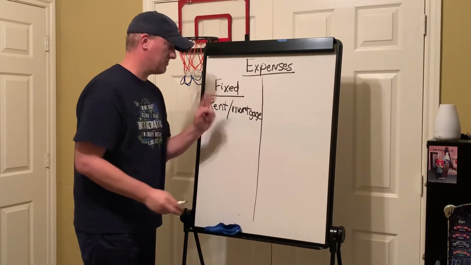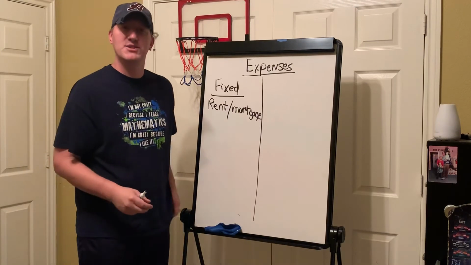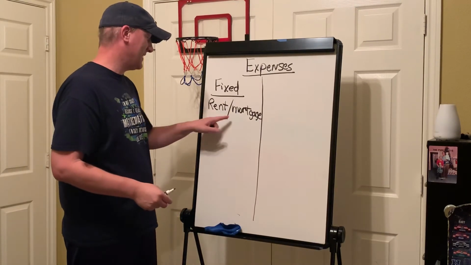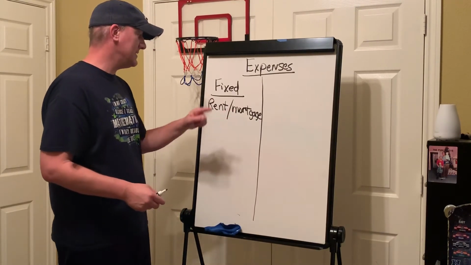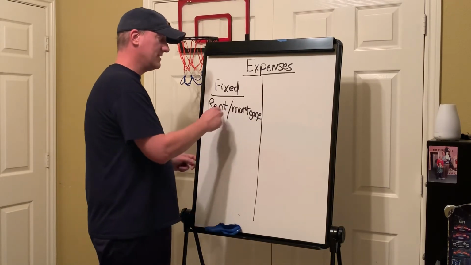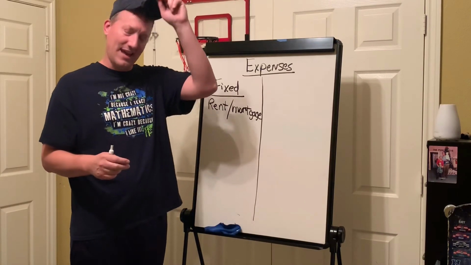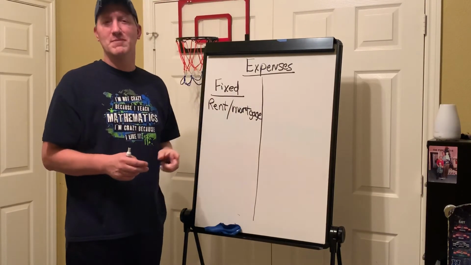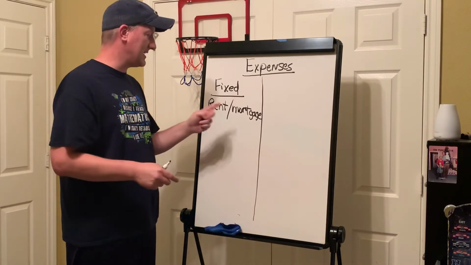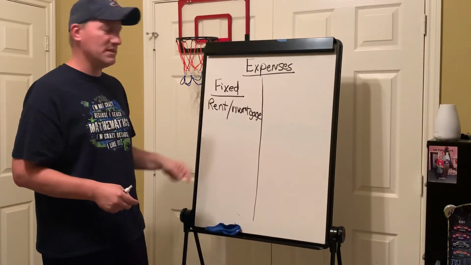I'm not sure right now if that's spelled right or not, but rent and mortgage. So they do not change at all. So every month they're going to stay the same. So rent and mortgage.